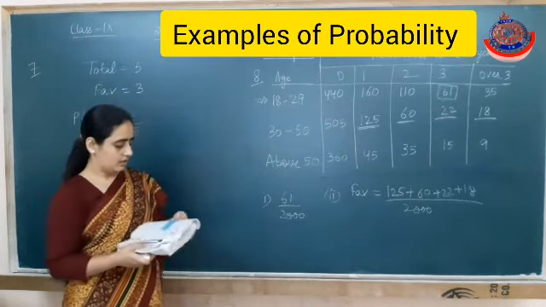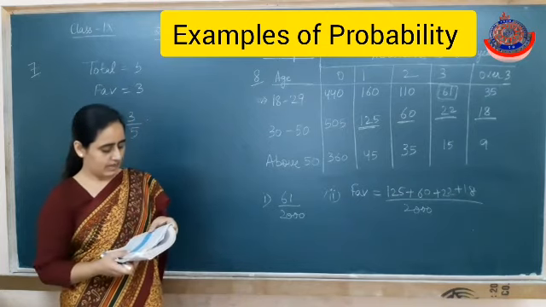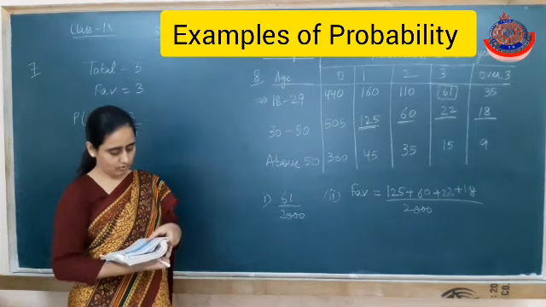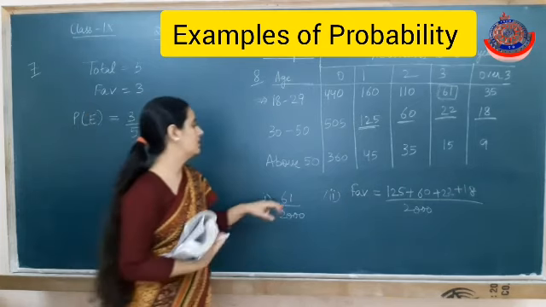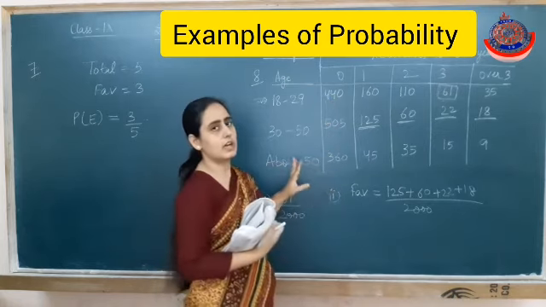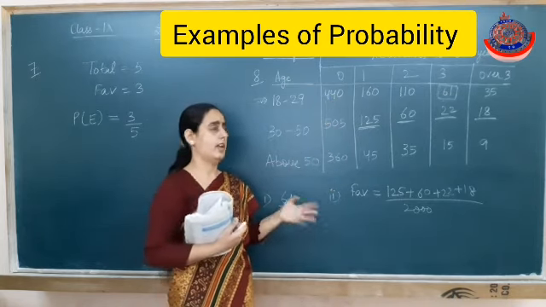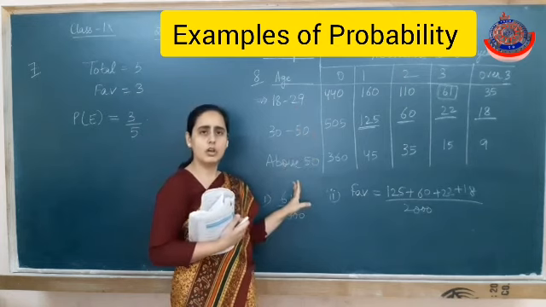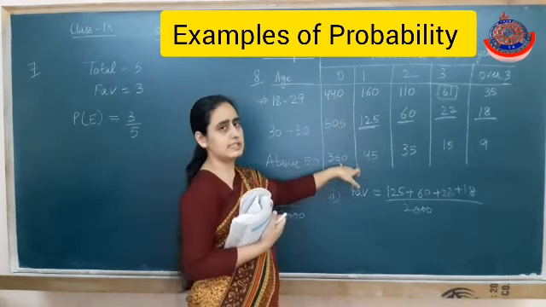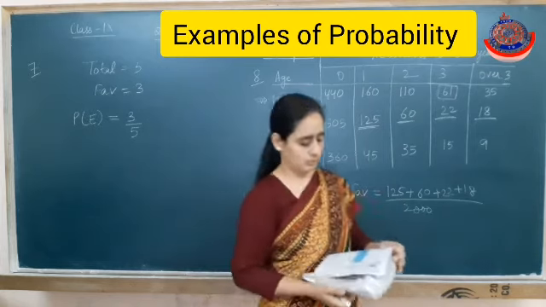Fine. Third part says having no accidents. No accidents means 0, and here the age group is not mentioned. So that means we will be taking all, because we are asking just 0 accidents. The age can be this or this or this. Fine. So we will be adding this plus this divided by 2000.